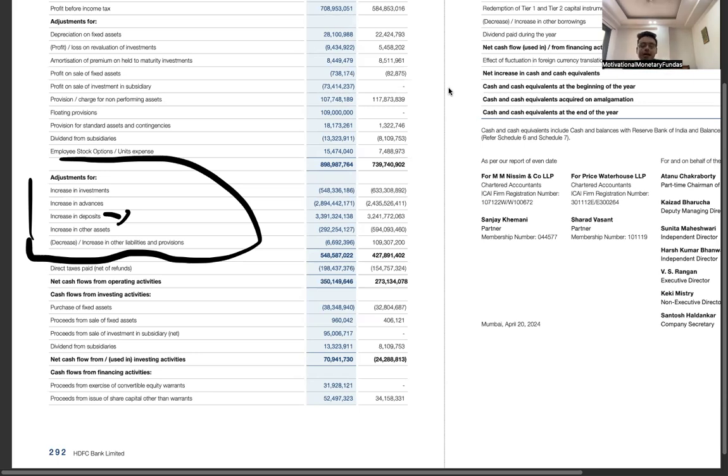So it's an operating activity for a bank. It's a raw material for the bank, right? So that is why any increase in investments is a negative cash outflow, right? A decrease in investment is a positive cash, right? So all these items, investments, advances, deposits, are a part of operating activities.